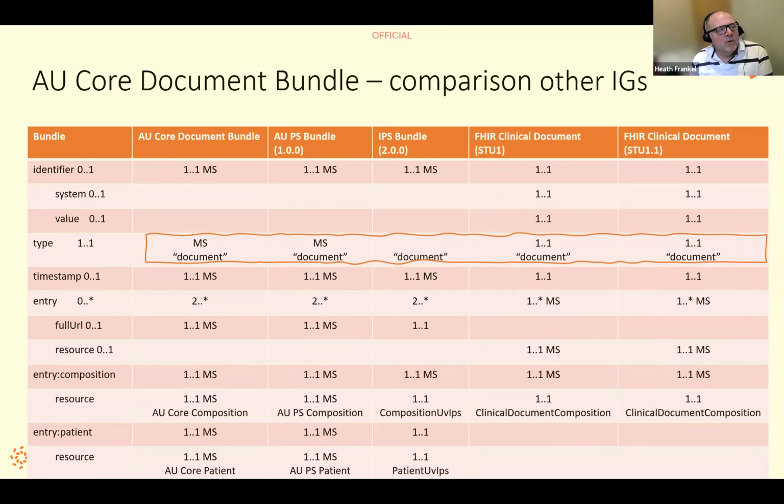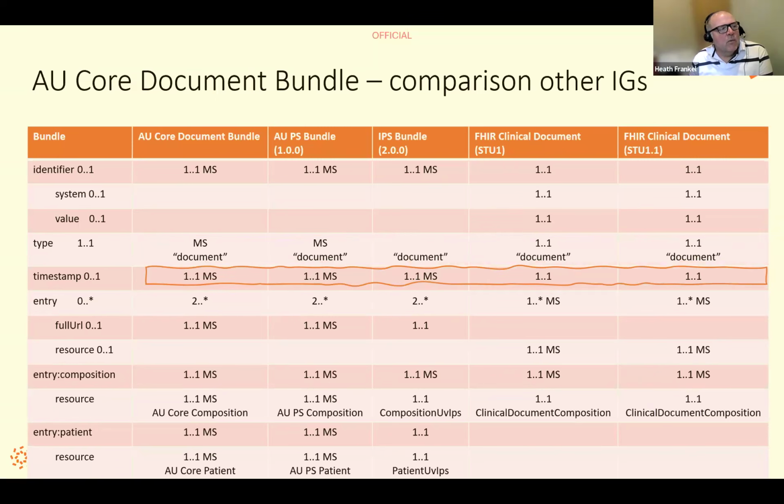Okay, moving on. I pretty much just said type is fixed across the board to document. We have a pattern where we mark anything that is mandatory as also must support. So that's why in AUPS and AU Core, they are must supports, whilst the ones on the right don't have that same requirement. For timestamp, I'll just double check what the bundle resource definition for this is.